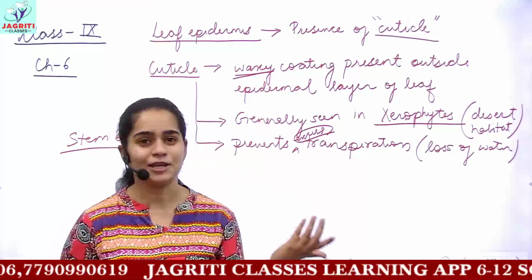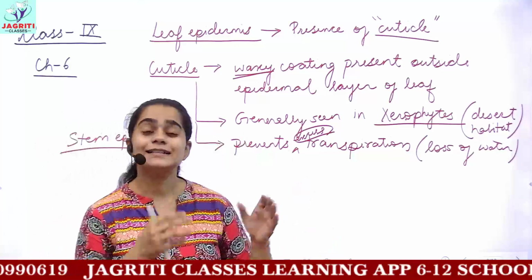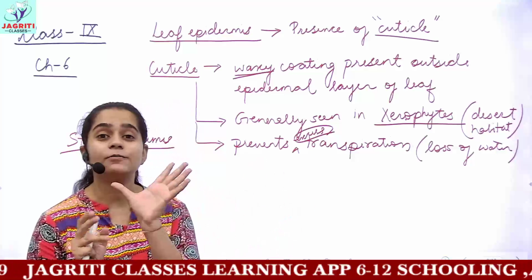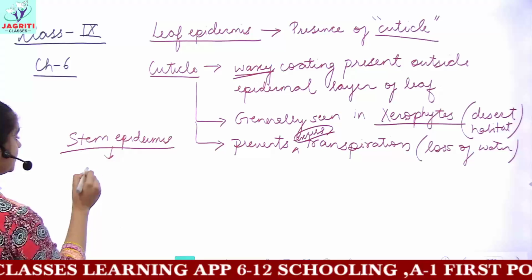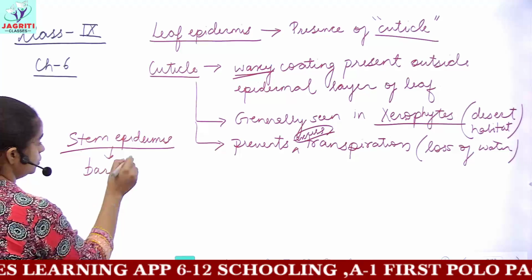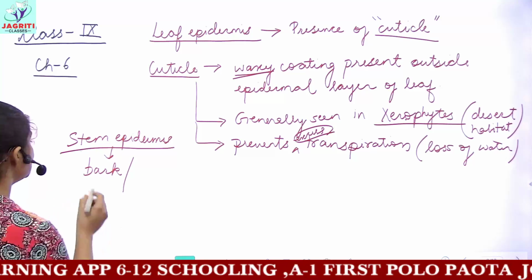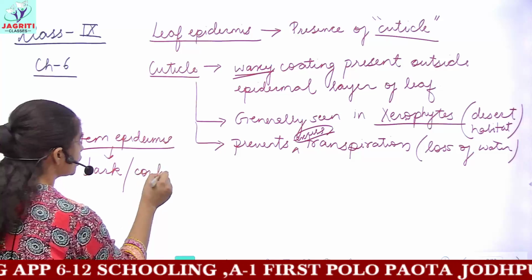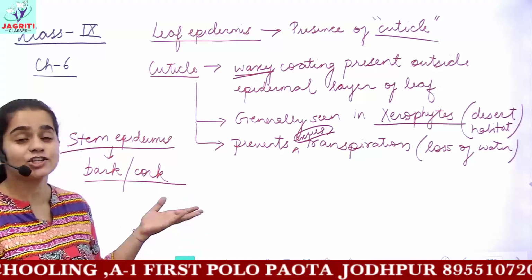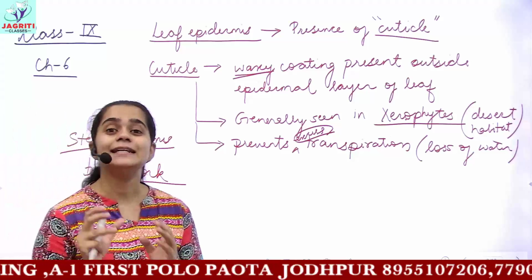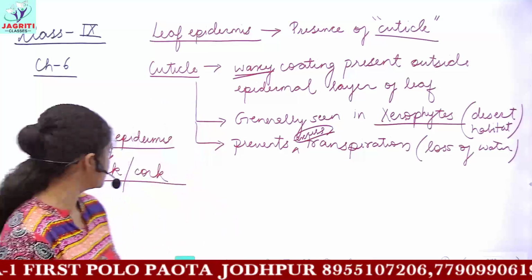Meristematic cells have the ability to divide. So this layer divides continuously and forms a thick bark, which is also called cork. So in the last video lecture, we saw how this bark or cork is formed. It is developed as a result of continuous division in the secondary meristematic tissues.